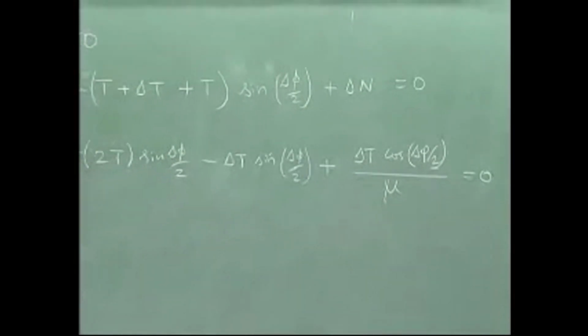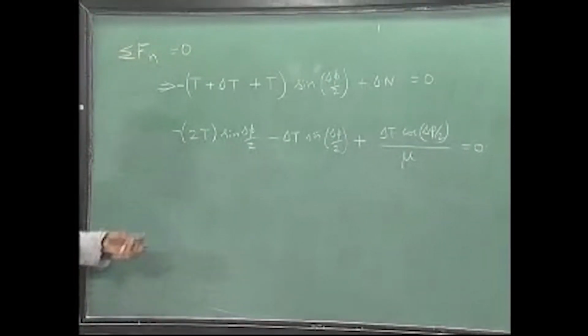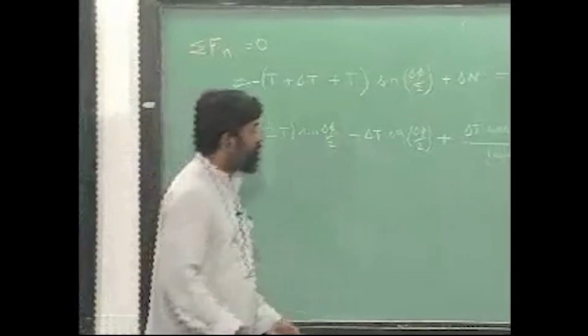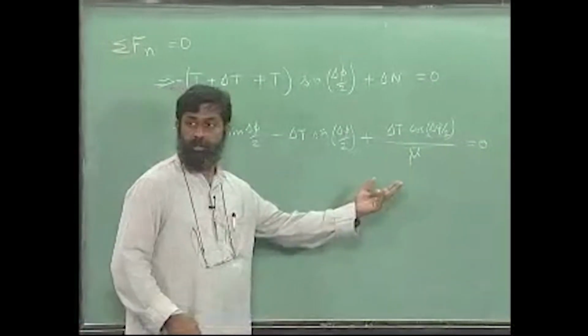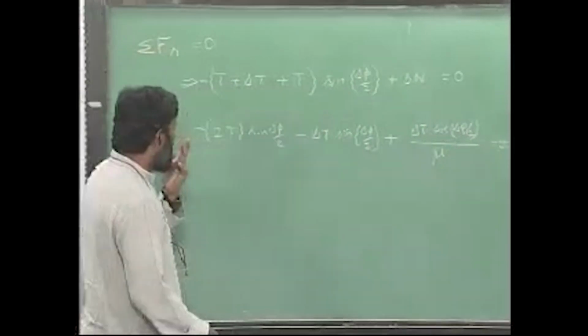All right. Now, what am I going to do? I am going to divide throughout by cos delta phi by 2.